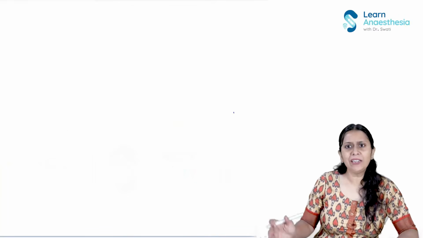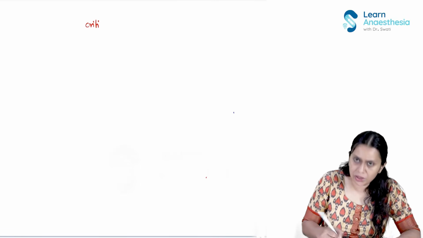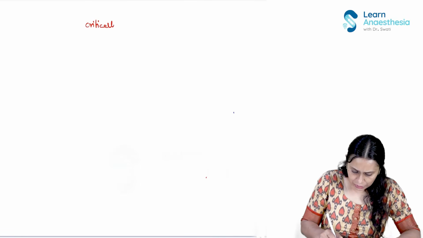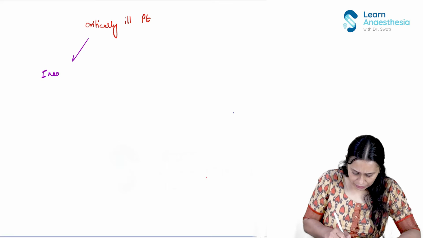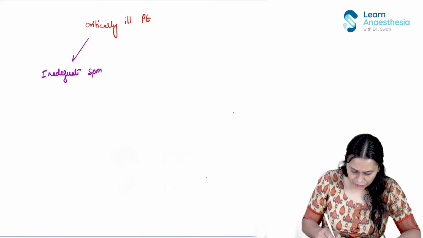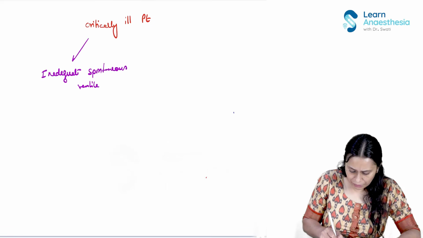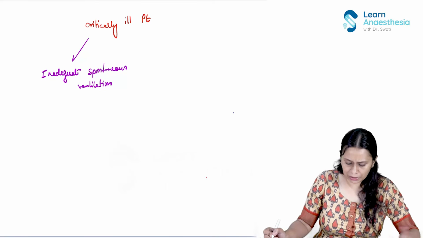First of all, we will get different types of patients in emergency. Now, critically ill patients, contrary to patients in the operating room, may have inadequate spontaneous ventilation. So they may be breathing, but their tidal volume and respiratory rate are not adequate.